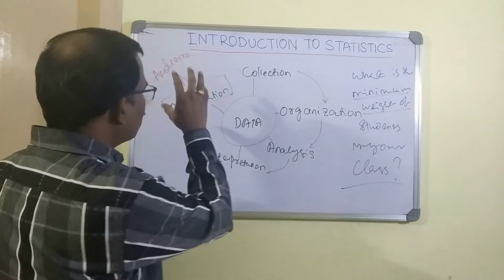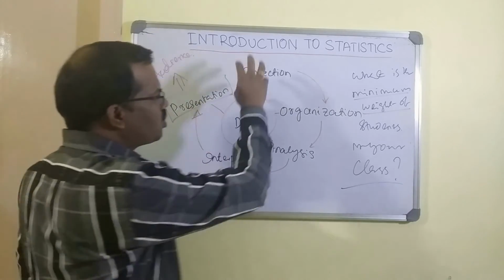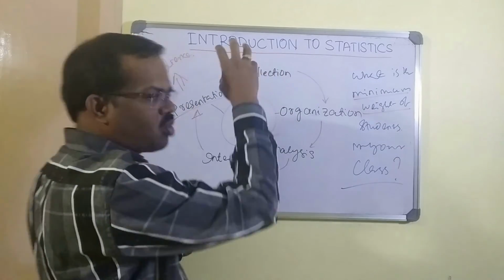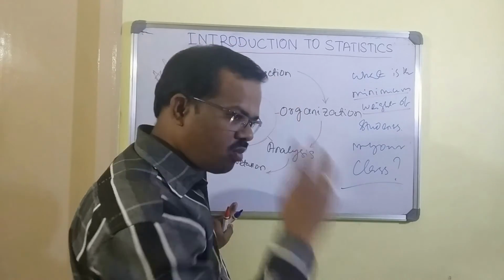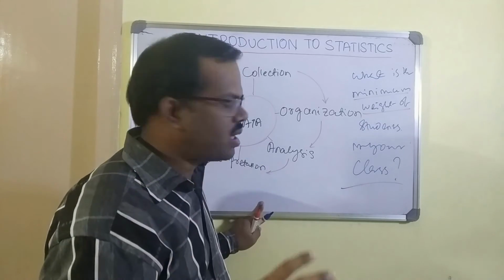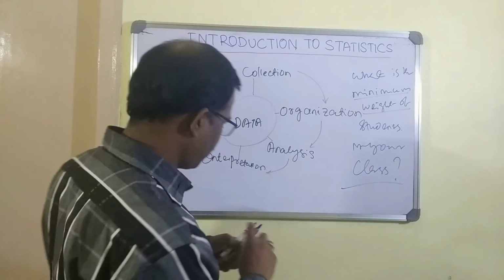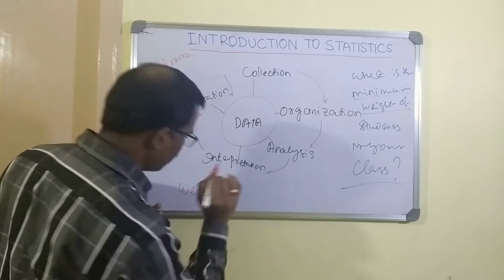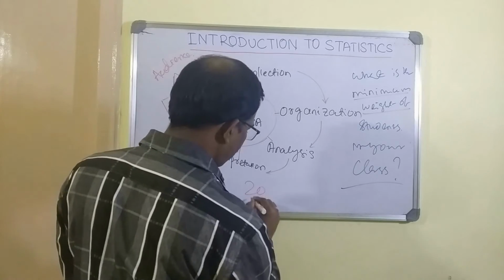Now once we know what we are going to present, we have to start with the collection process. So what do I have to collect? I have to go to each individual student in the class and ask them what their weight is. So this is the parameter that I have to ask everybody. Let us say that you have 20 students.